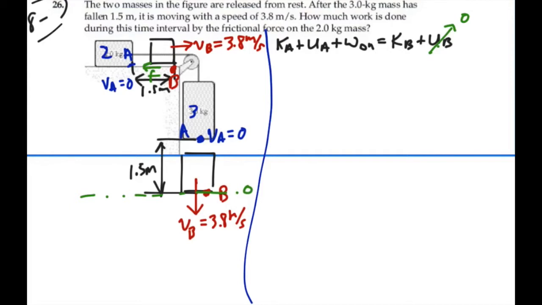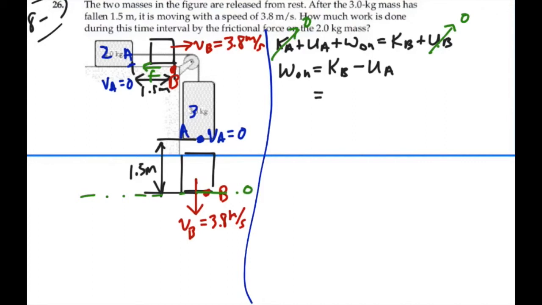We started from rest for both masses, so our kinetic energy at A is 0. So we strictly have that the work on the system is equal to our kinetic energy at B minus our potential energy at A, which is the potential energy of the 3 kilogram mass above our 0 height.